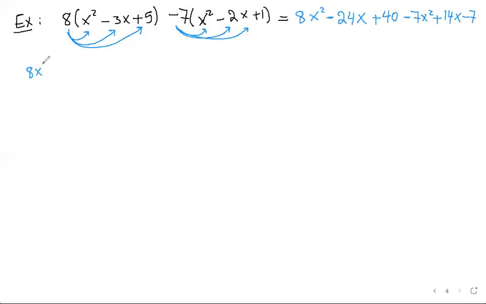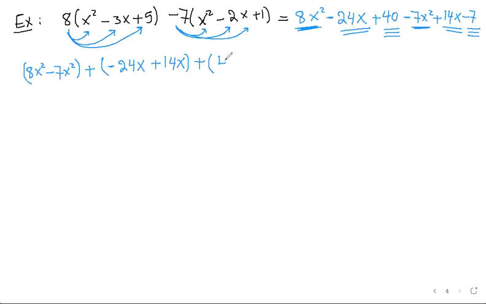So it will be 8x squared minus 7x squared, plus... this one with this one, the numbers with the numbers. So minus 24x plus 14x plus 40 minus 7.